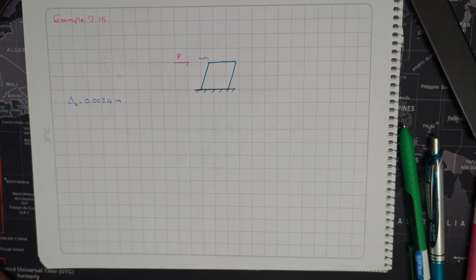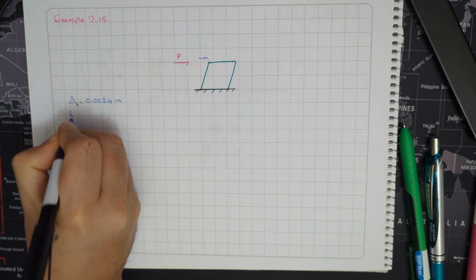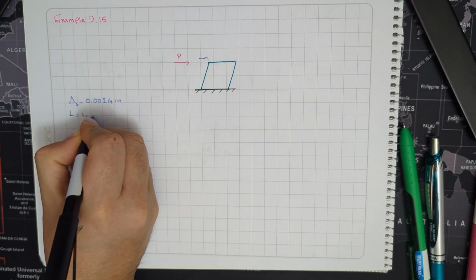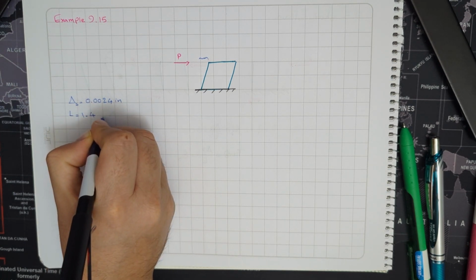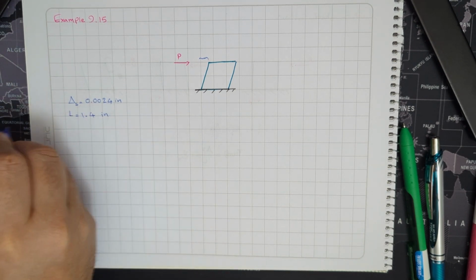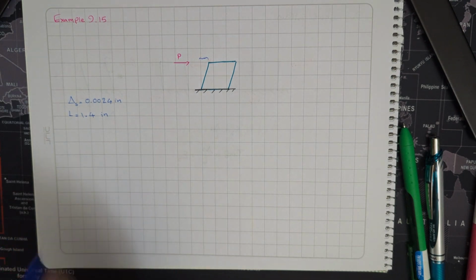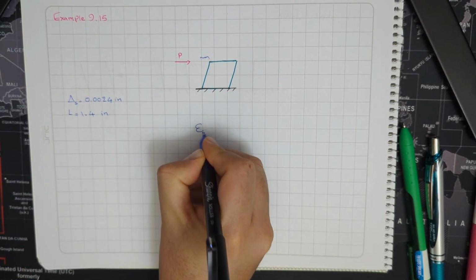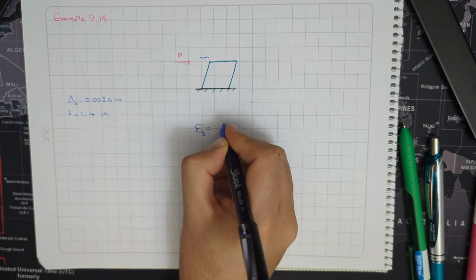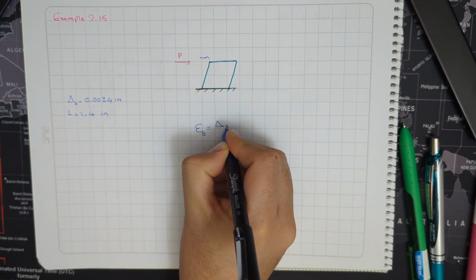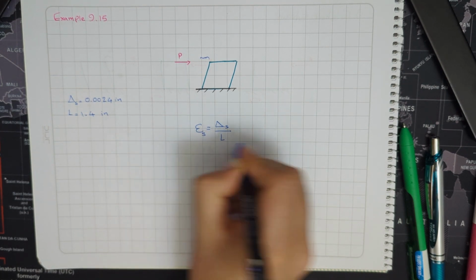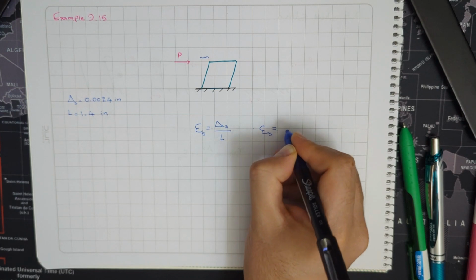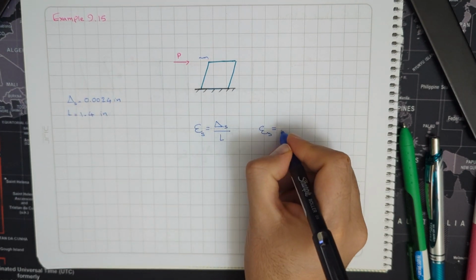And assume the height, which is L, is 1.4 inches. Okay, what is the shear strain? So shear strain equals delta S over L. So shear strain equals, what was delta S?